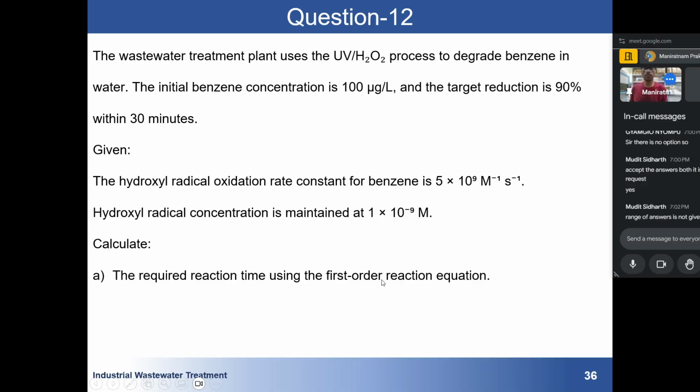Then you have to calculate the time required for this conversion using the first order reaction. It is not about doing it within 30 minutes; you have to find out how much time will be required for the concentration to be reduced by 90%, from 100 microgram per liter to 10 microgram per liter.